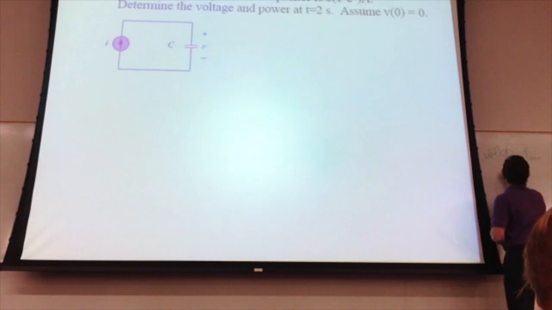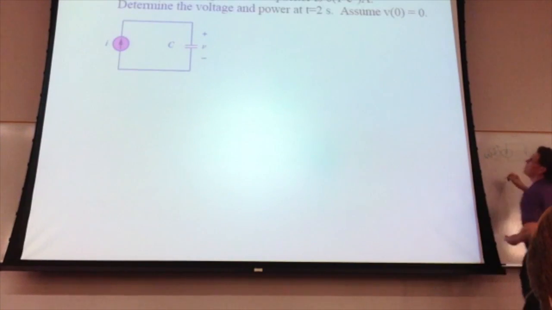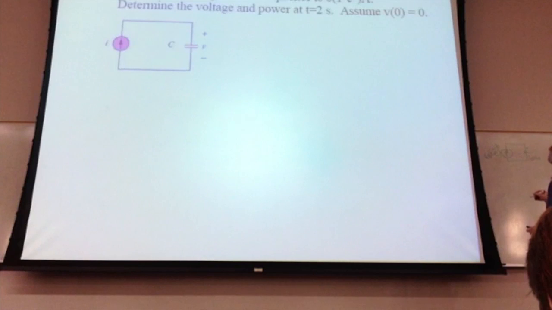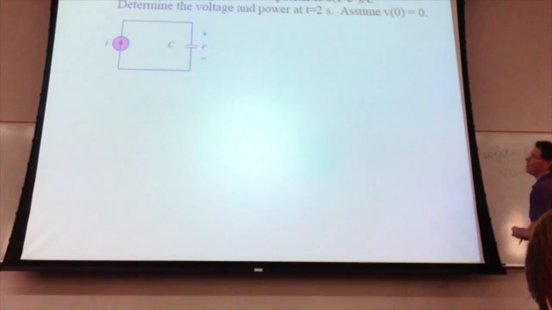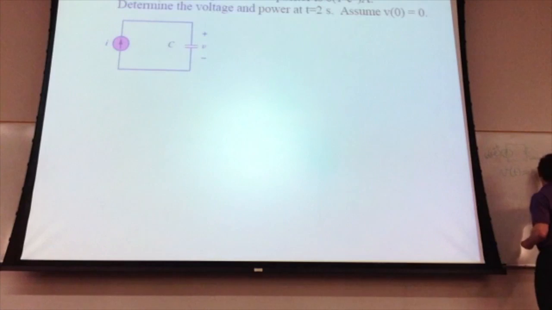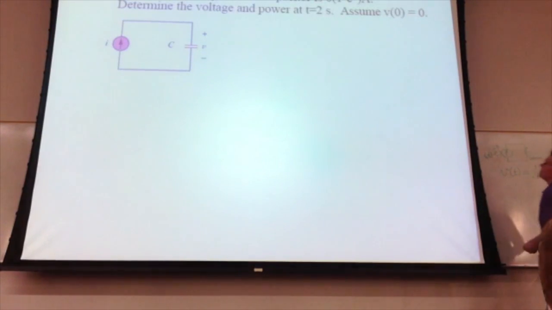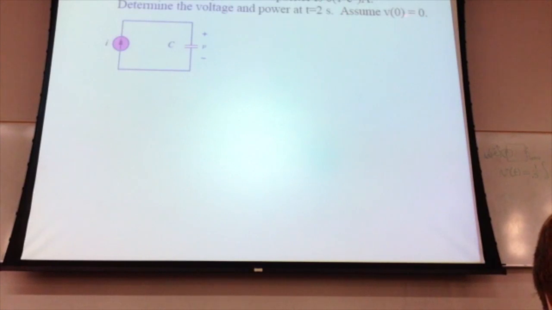Now we're looking for v of t, which equals 1 over C. This is 0.5, a big capacitor, so it's 1 over 0.5. What's t0 in this case? We're starting off at 0, so we have no initial voltage across it.